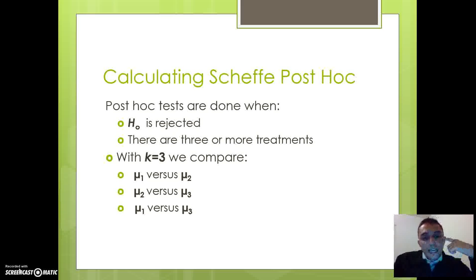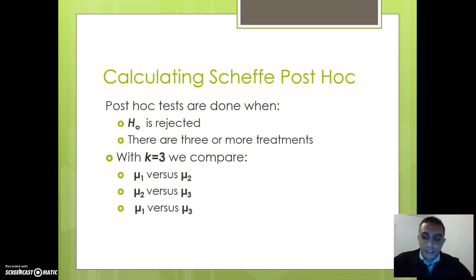So with K, the total number of treatments, K equals 3, we compare mu sub 1 versus mu sub 2, mu sub 2 versus mu sub 3, and mu sub 1 versus mu sub 3. We want to generalize the findings to the population means. That's why we're using mu here.